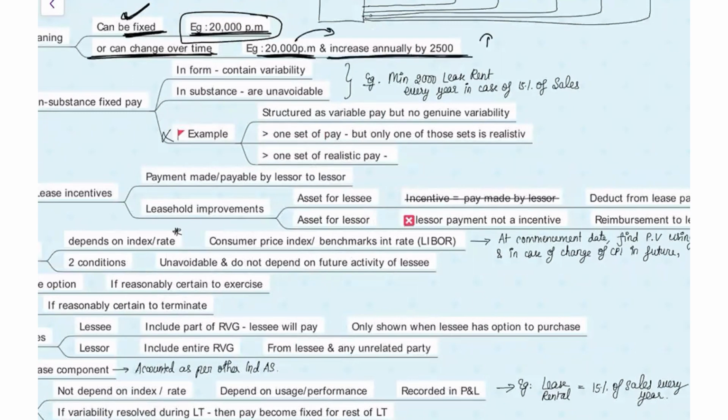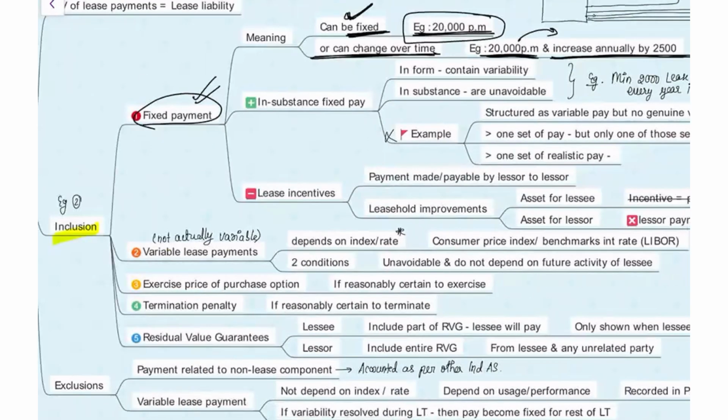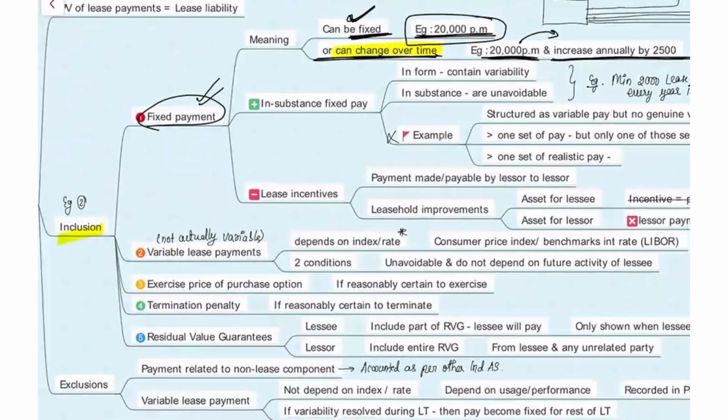That is, for the first year, every month you will pay 20,000. In the second year, it will increase by 2,500, that means 22,500 per month you have to pay in the second year. So like this, there can be an annual increase in the price also. The fixed payment can be directly fixed for the entire lease term, or it can also change over time. Yes, so I hope you understood. So that is the first thing included in your lease payments.